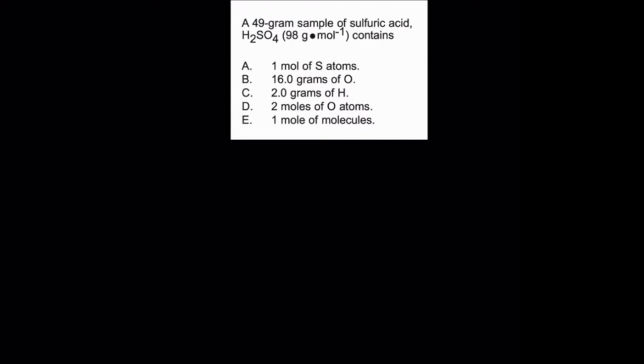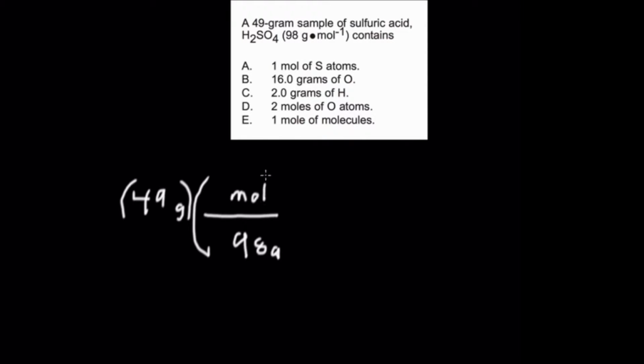So I'm going to try to write with my mouse here as best as I can. So we know that we have 49 grams of sulfuric acid, right? And I always like to use the parentheses, just like so. It's given to us in the problem that there's 98 grams per mole. So we have 98 grams per mole.